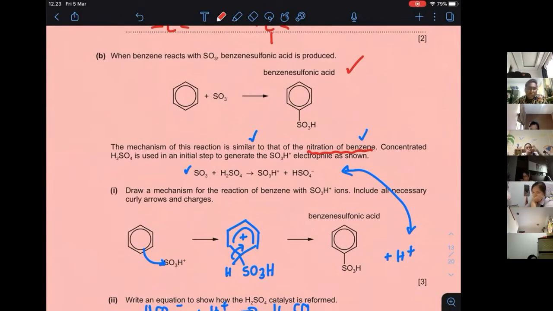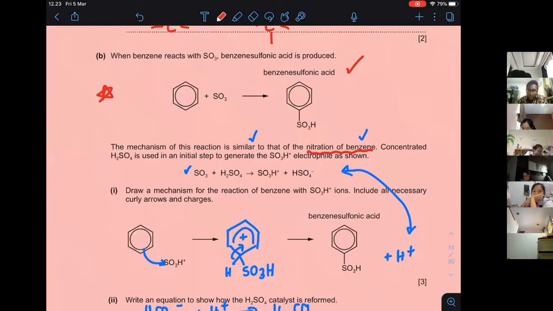Even though they mention it's similar, what I want you to remember is that when you react benzene with sulfuric acid, there is a reaction. Even though you didn't learn it in your syllabus, from the past year paper you can see that sulfuric acid does react with benzene, and it is similar to the reaction with nitration.